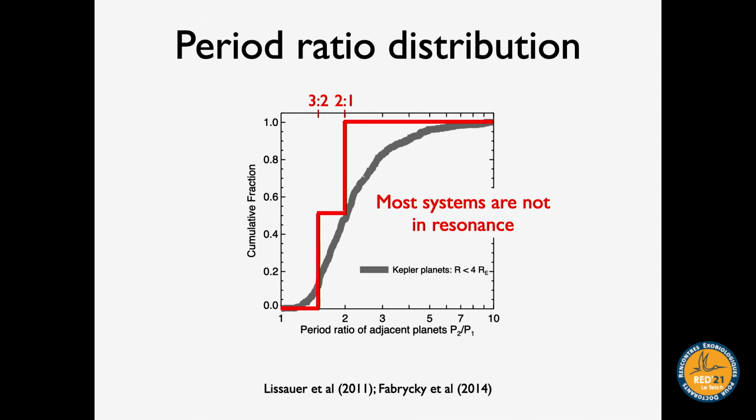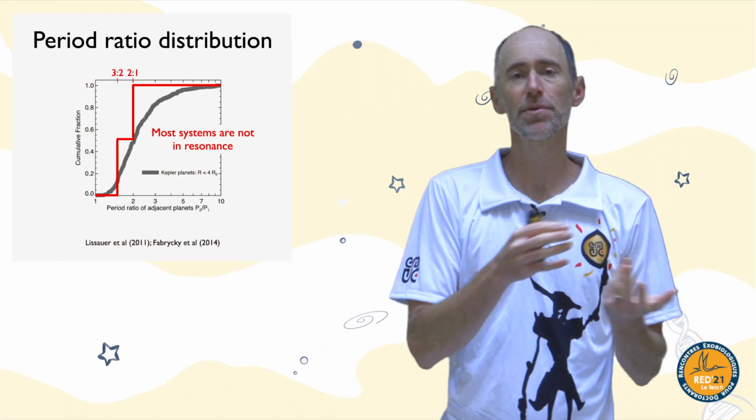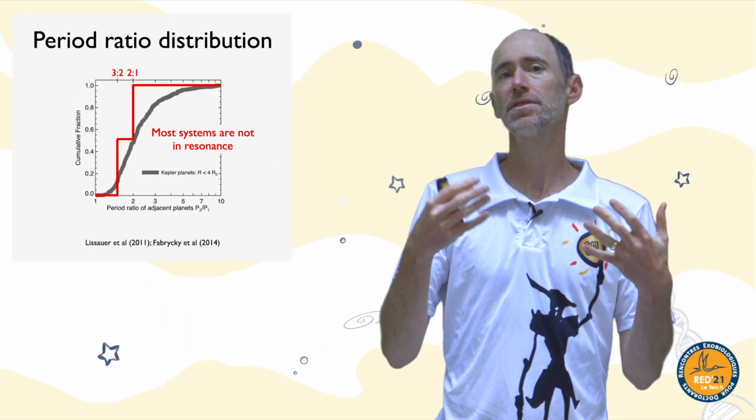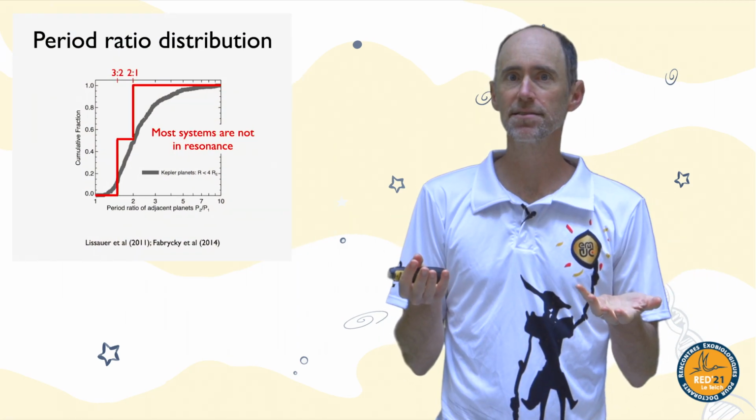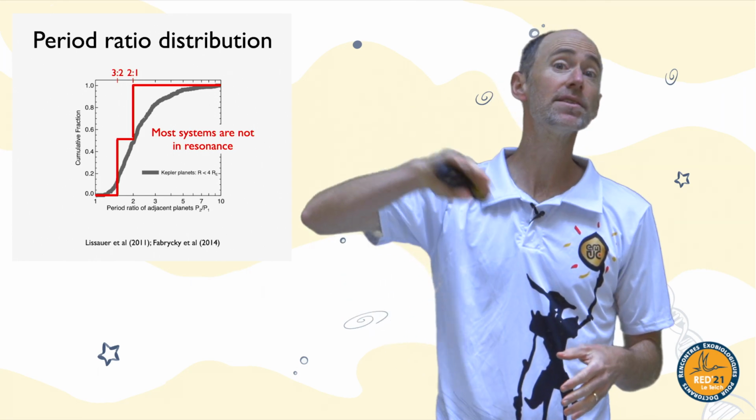The reason is that we think orbital resonances, mean motion resonances between planets, maybe should be very common. Resonances happen when there's a ratio of integers of two orbital periods, like 3 to 2, or 2 to 1, or 4 to 3. And if most systems were in resonance, we would get a staircase function instead of this smooth thing.